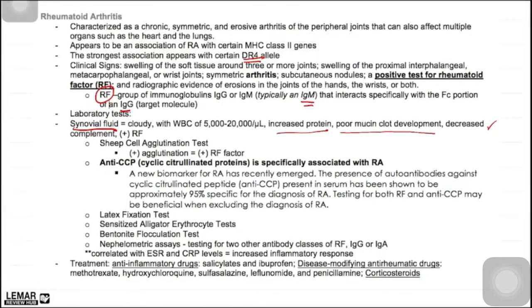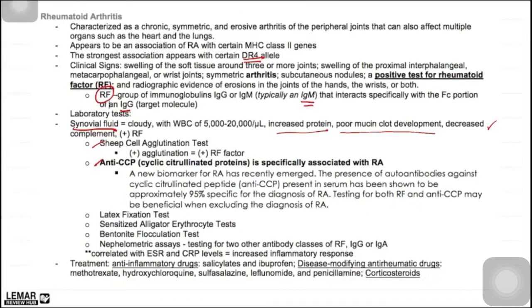So how do we test for rheumatoid factor? We have the sheep cell agglutination test. There would be agglutination if RF is present. Another test is anti-CCP, or cyclic citrullinated peptides. This is specifically associated with RA.